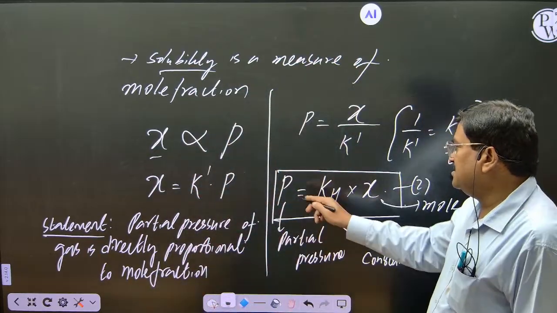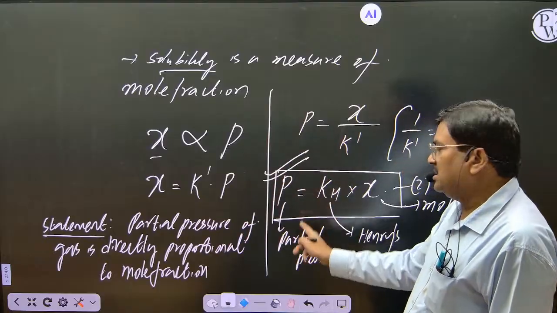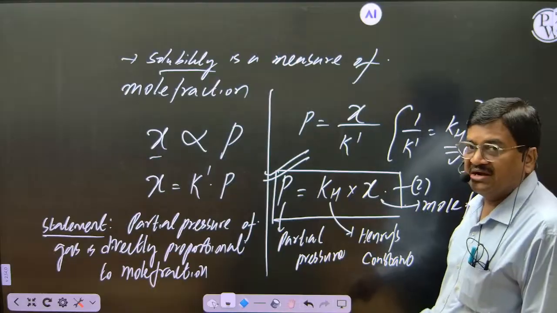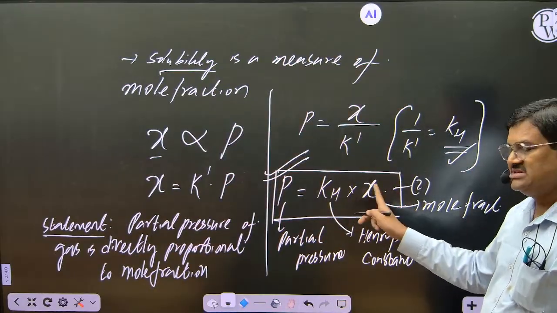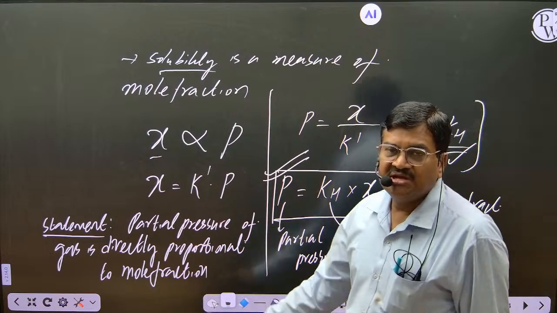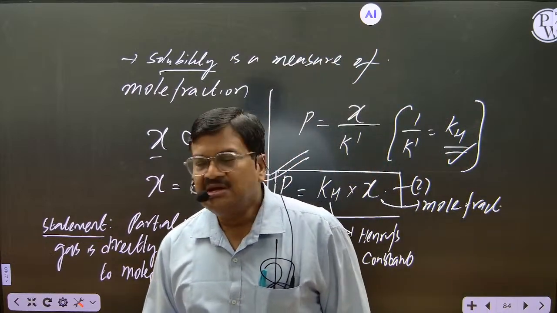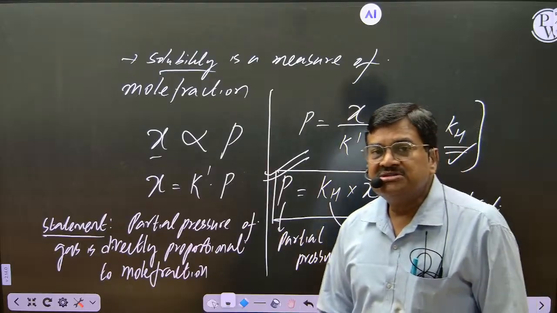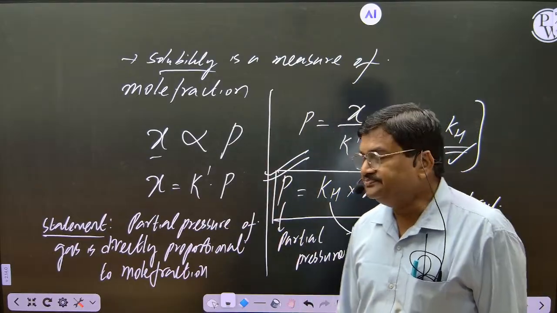And this is a very important relation. We get numericals on this in both JEE and NEET exams. So P is partial pressure, Kh is Henry constant, x is mole fraction. Copy this up to here. Clear, all of you? Simple. So this is Henry's law, that is, how pressure influences the solubility of a gas in a liquid.